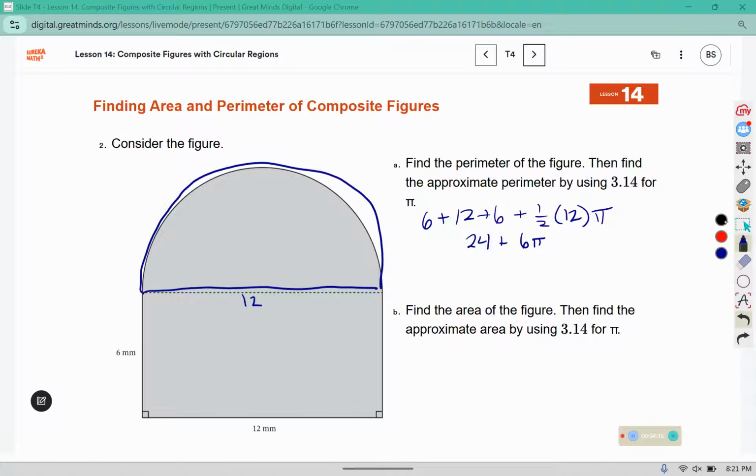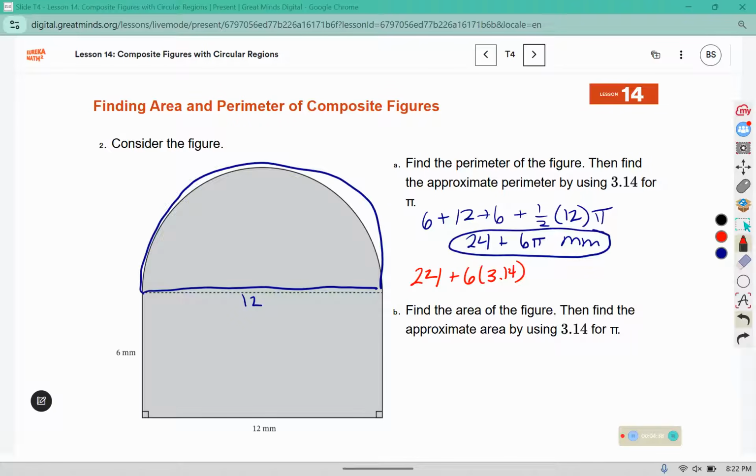Then we need to approximate. So this is our first answer. That is as accurate as we can get. But if we wanted to approximate, we would do 24 plus 6 times 3.14 and add those values together.